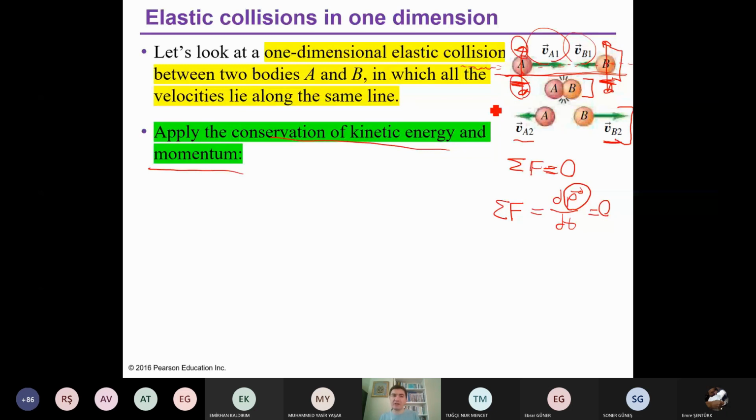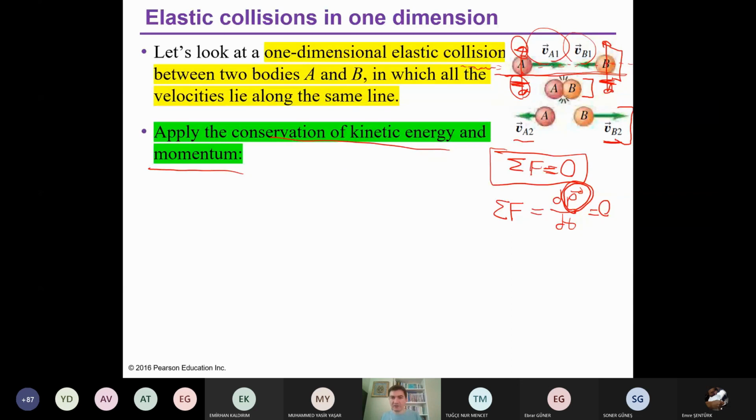In addition to that, let's consider there is no friction on the surface. Then along the x-axis, there is also no net force. Then the net force acting on the system is 0, so momentum is constant, momentum is conserved. For this condition, I can apply conservation of kinetic energy and conservation of momentum. So just use these two conservations.